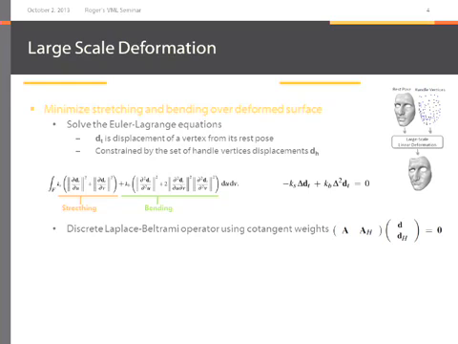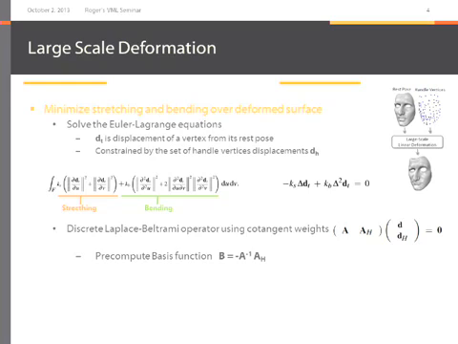So this can be solved by actually solving this linear system, which corresponds to the rest pose Laplacian weights of the constraint vertex and the free vertex. And then we want to solve the displacement from the non-constraints.